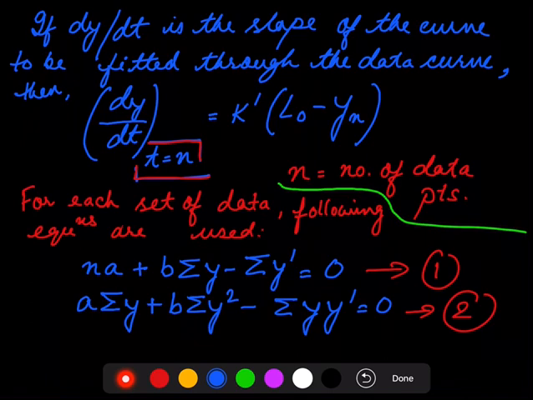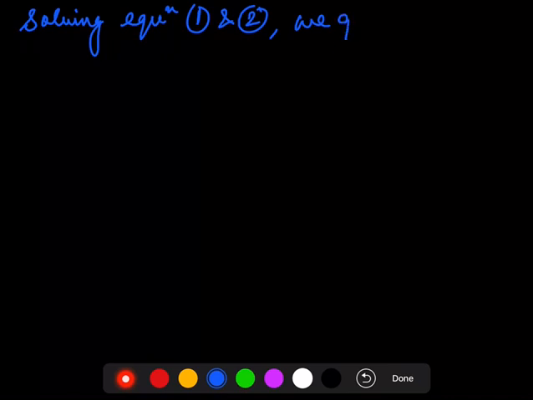So solving equation 1 and 2, what we get: k dash equals to minus b.